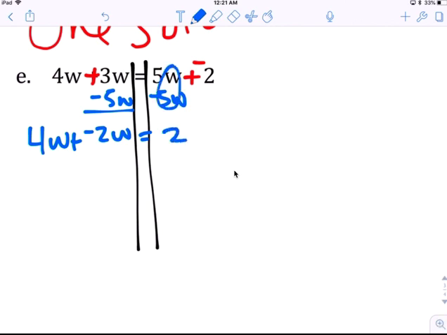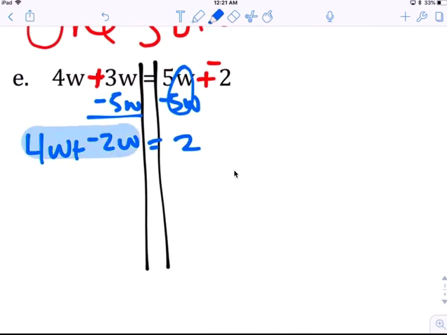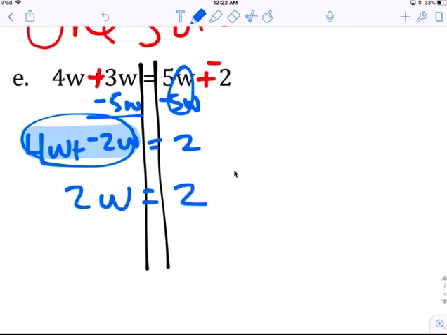You can combine these together, they're alike. 2w, negative 5w. Hold on. Combine this, you get 2w equals 2, divide by 2. W is 1.